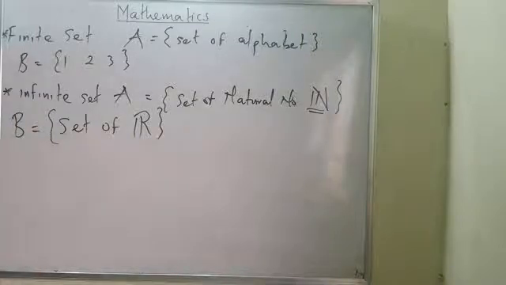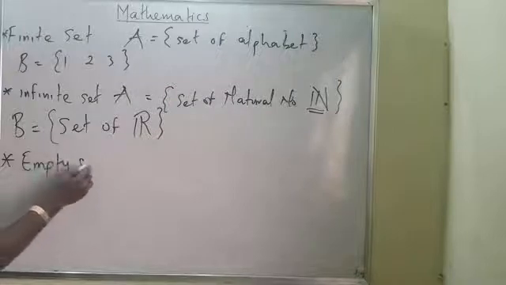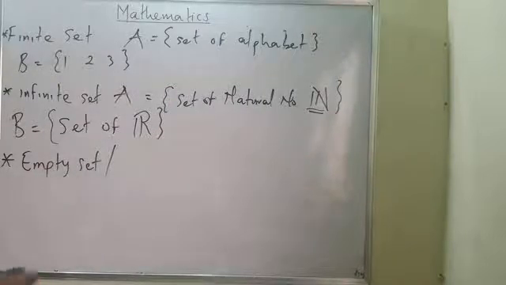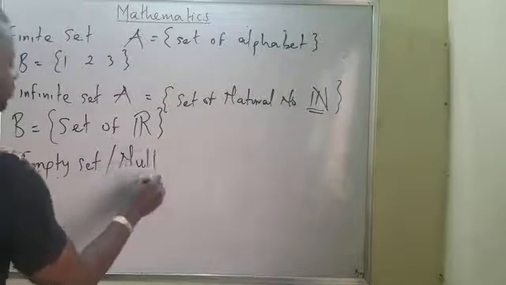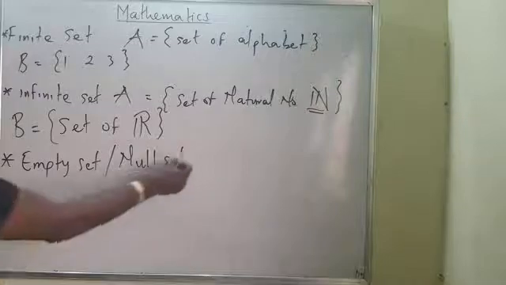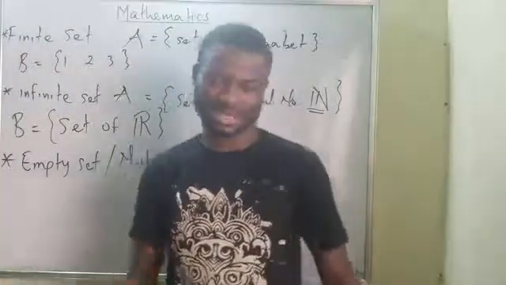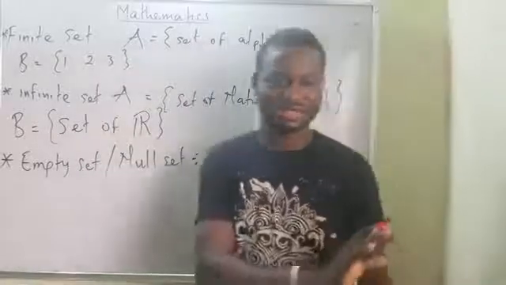Now, let me quickly explain another one, empty set. Empty set can also be called null set. In English, it means a set that has no element. The element is empty.